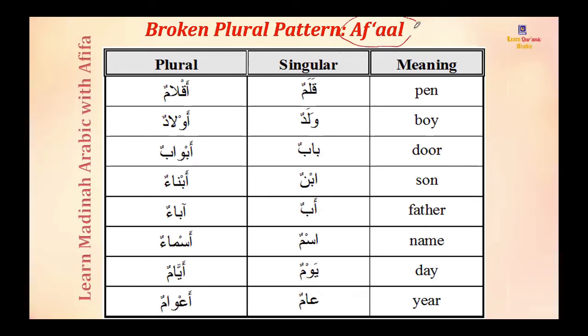There's a lot of examples of the plurals of this pattern that we talked about today. So qalamun, aqlamun, and there's more for you to go over. As you sound them out aloud, you will be able to recognize these plurals in the Quran. So yawmun, ayyamun, you should read them out aloud so that you can recognize them when they come in the Quran. Okay, so ibnun, abna'un.